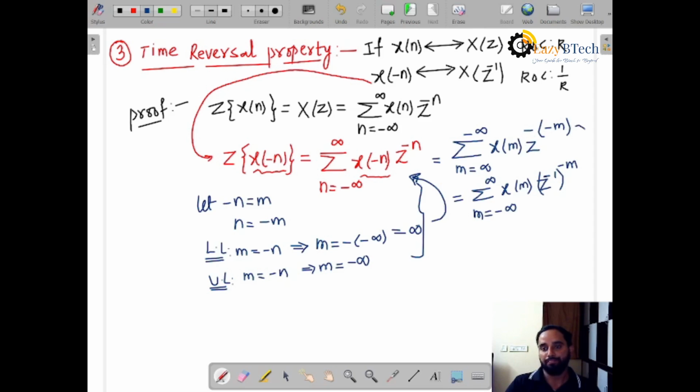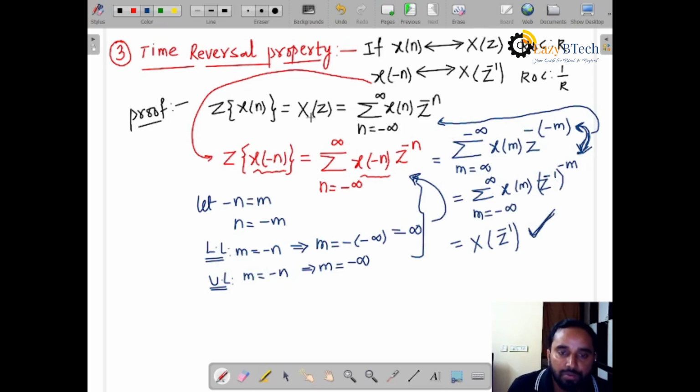Both are the same. Now by comparing this with the z transform formula, what will be obtained? This will become the z transform with z power minus 1, or X of z inverse. In the place of z we have z inverse, therefore X of z inverse, simple.